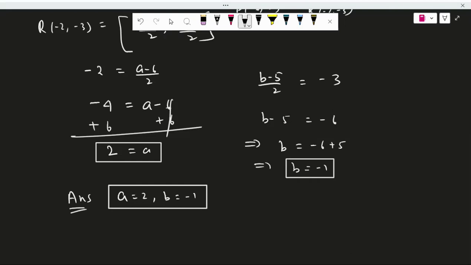Now, question number 6. Three of the vertices of parallelogram ABCD are given. Find the midpoint of AC, find the coordinates of D, and find the length of diagonals AC and BD.